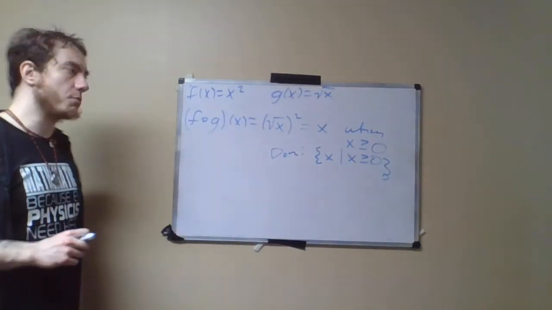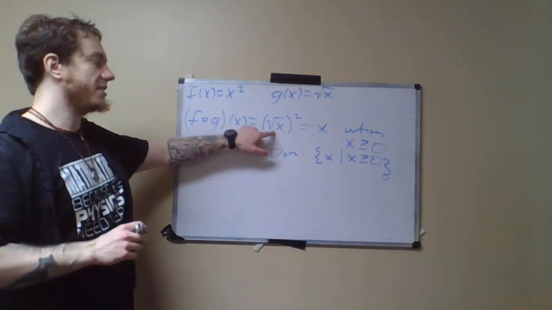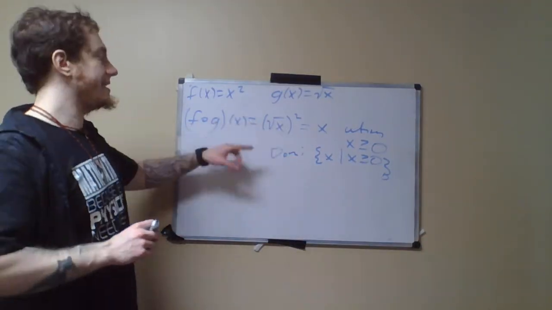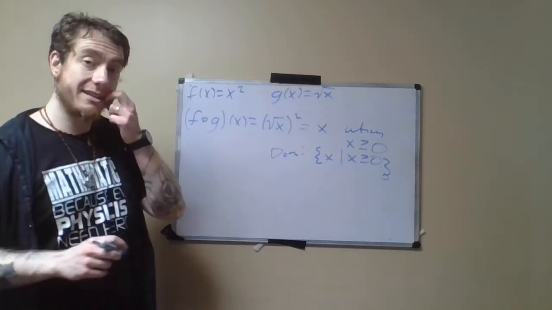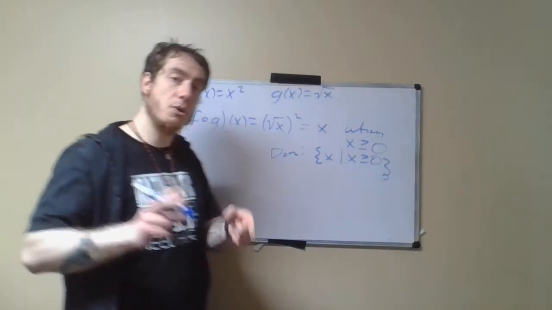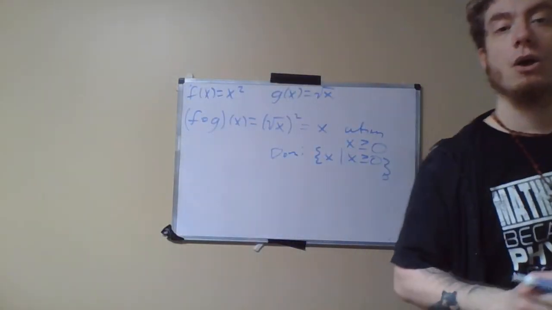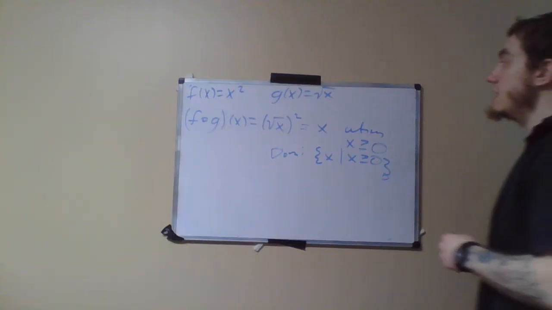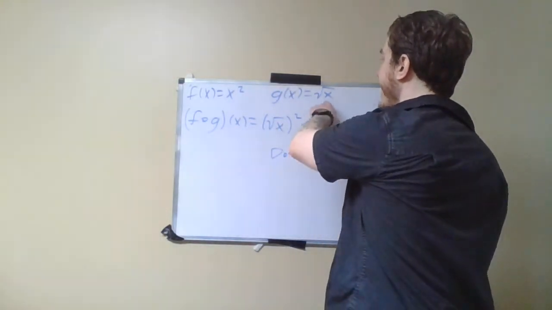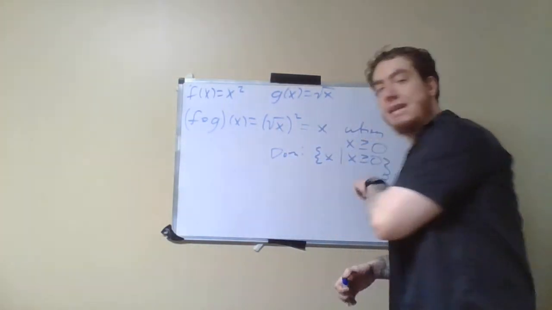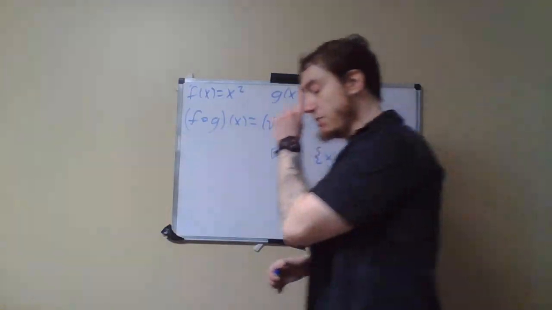So we're going to focus on the real numbers, in which case you can't take the square root of a negative, and that means this expression wouldn't be defined unless x is bigger than or equal to 0. So that's where you've got to be kind of careful here with the domain. We need to make sure, even though this comes out to just be x, the domain is only x bigger than or equal to 0.